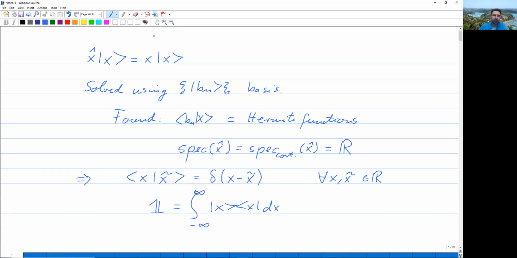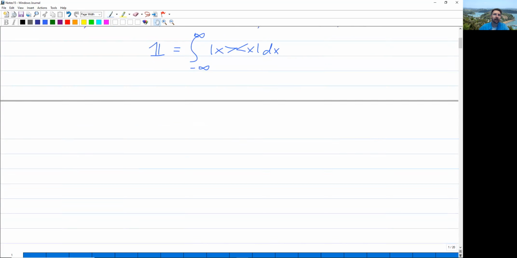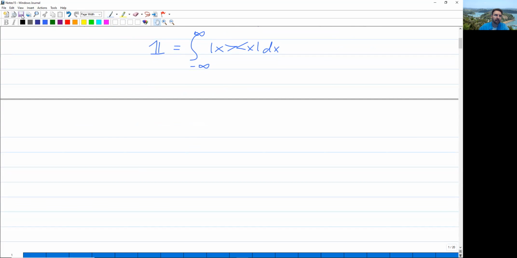Now, knowing all of this, we can now rewrite quantum mechanics entirely in terms of the position representation. So let's do this.